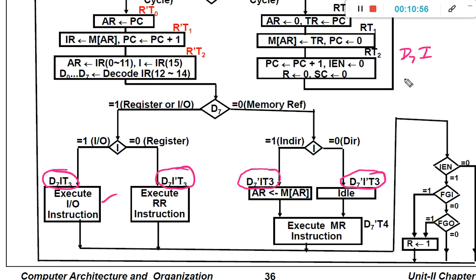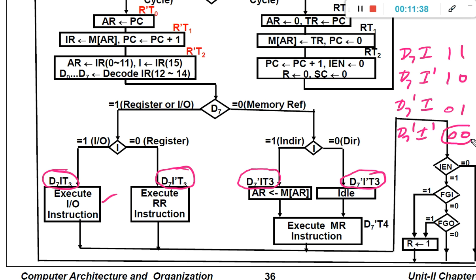So first write down D7I, then D7I', and then D7'I, and then D7'I'. Reading this in reverse, the actual sequence is: if you substitute the values, D7'I' means 0 0, D7'I means 0 1, D7I' means 1 0, D7I means 1 1. Now you can easily recognize based on these codes.